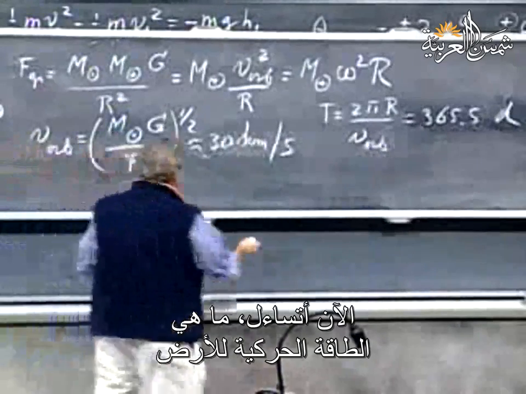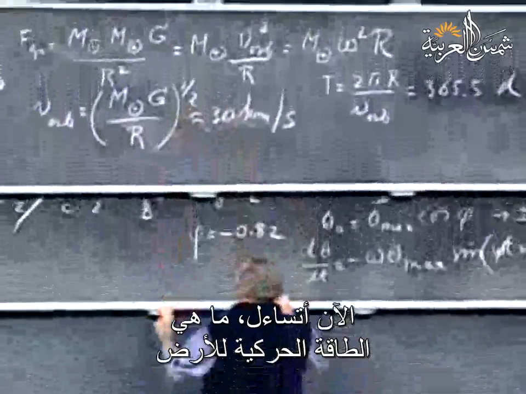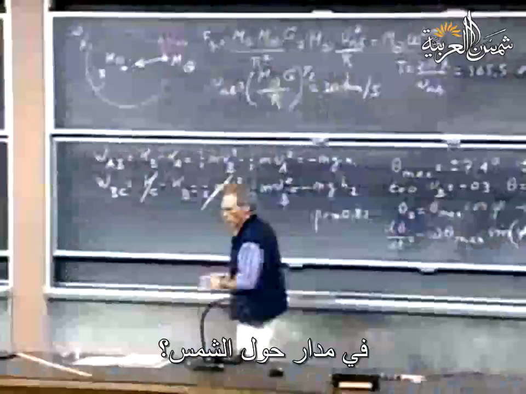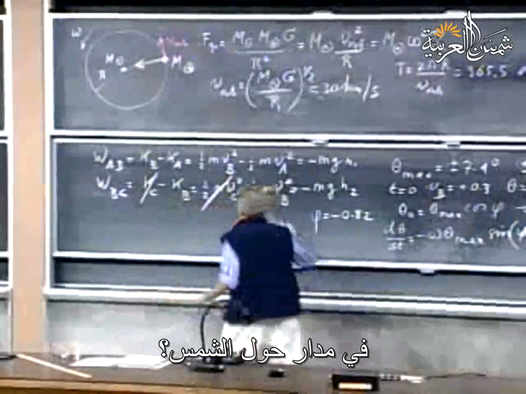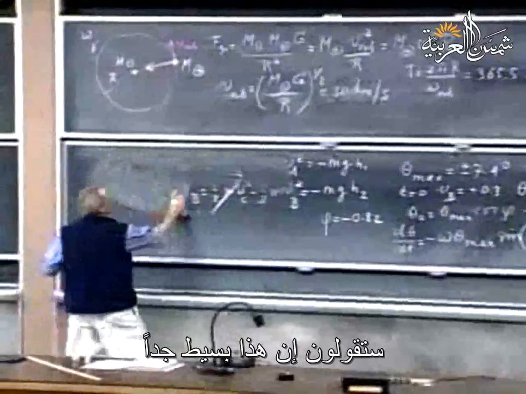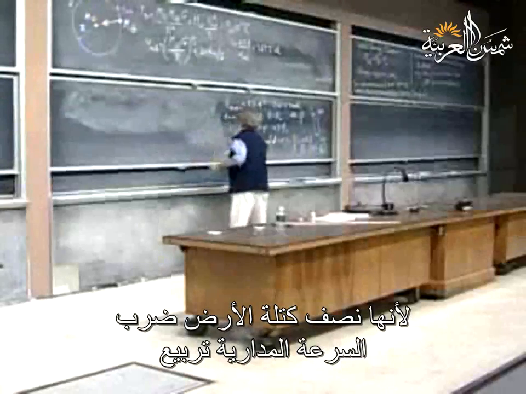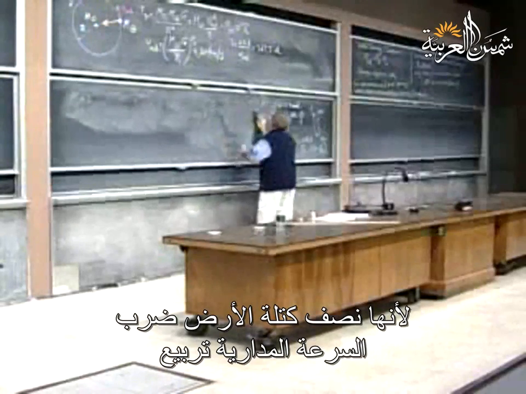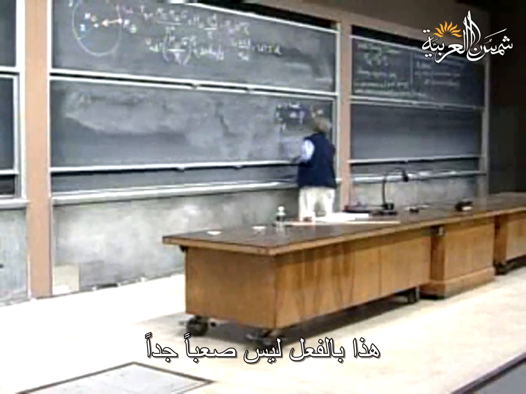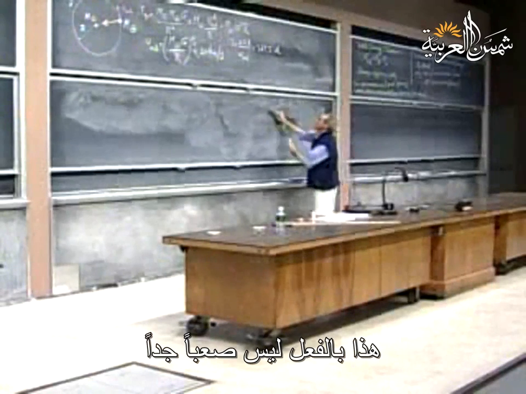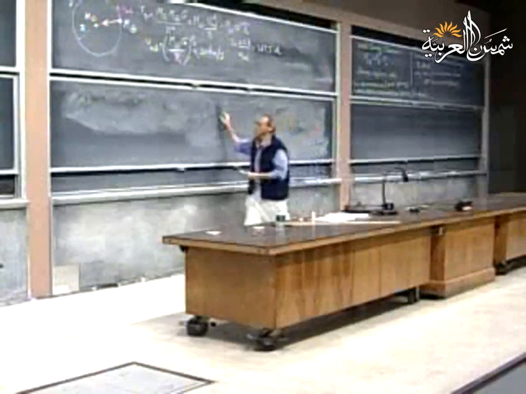Now I wonder, what is the kinetic energy of the Earth in orbit around the Sun? Well, that's completely trivial, you would say, because it is 1/2 of the mass of the Earth times the orbital speed squared. Indeed, that is not very difficult.